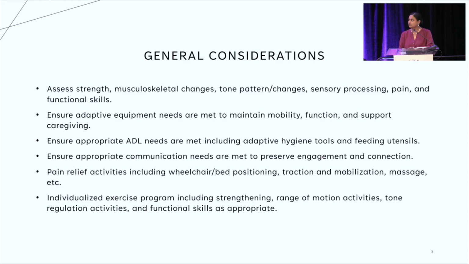Reassessing strength, reassessing any musculoskeletal changes, making sure that we are supporting any type of musculoskeletal alignments, preserving that alignment, and making sure that we're providing that good musculoskeletal foundation for movement, assessing tone pattern, assessing any changes to tone that have happened in the recent past.